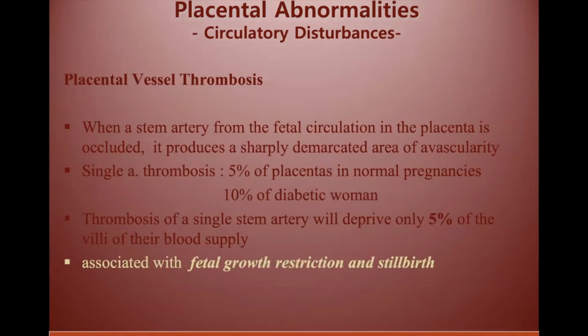Placental vessel thrombosis: when a stem artery from the fetal circulation in the placenta is occluded, it produces a sharply demarcated area of avascularity. A single thrombosis occurs in 5% of placentas in normal pregnancies, and usually in 10% of diabetic women. Thrombosis of a single stem artery will deprive only 5% of the villi of their blood supply, and is associated with fetal growth restriction and stillbirths.